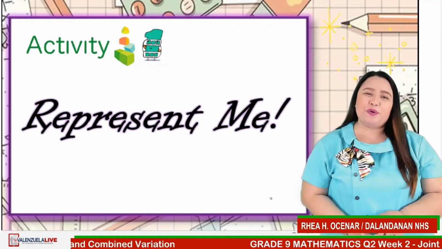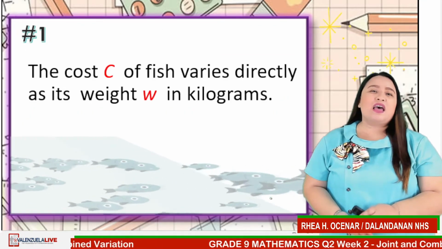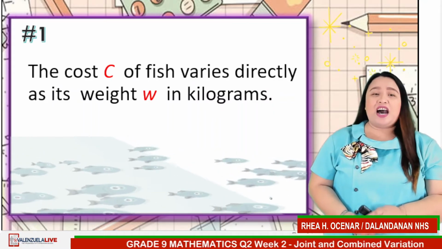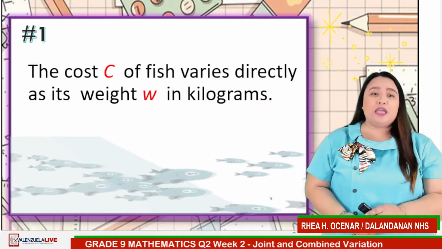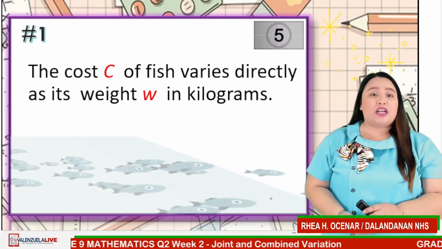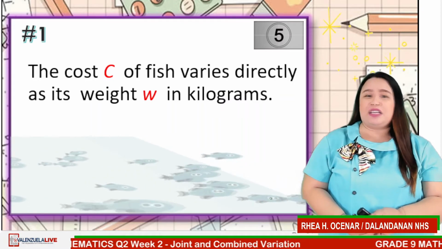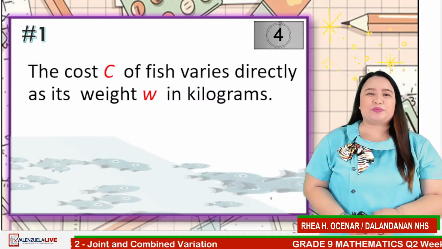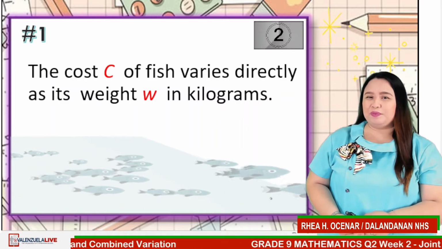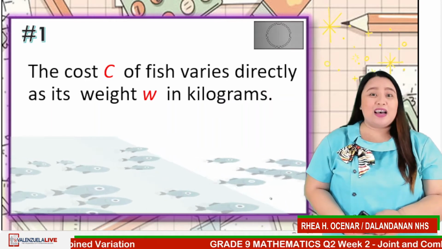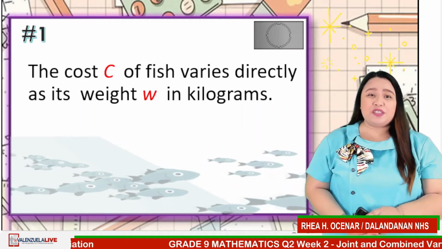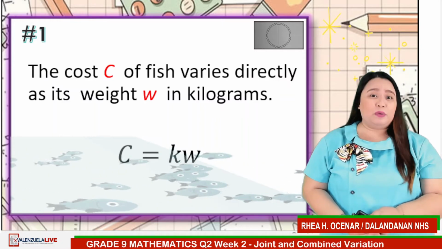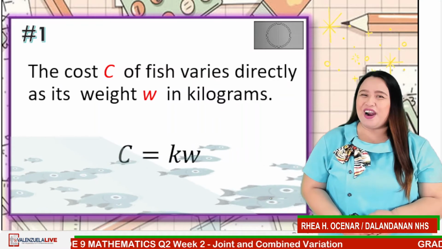Statement number 1. The cost C of fish varies directly as its weight W in kilograms. Translate into mathematical statement. Timer starts now. Time is up. If your answer is C is equal to KW, then you are correct.